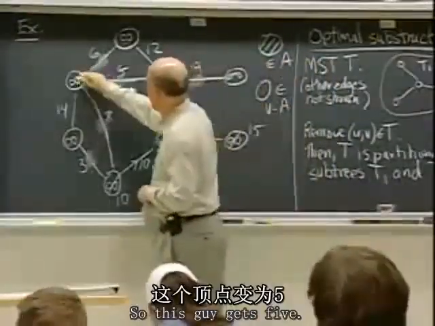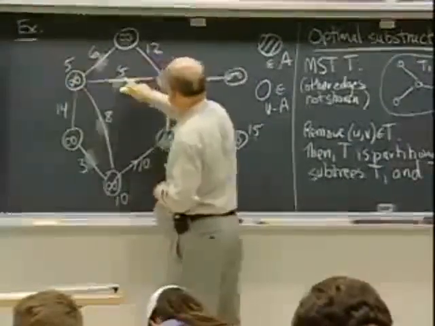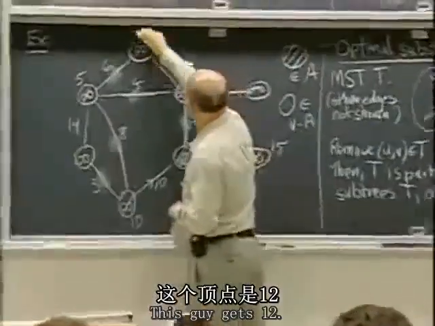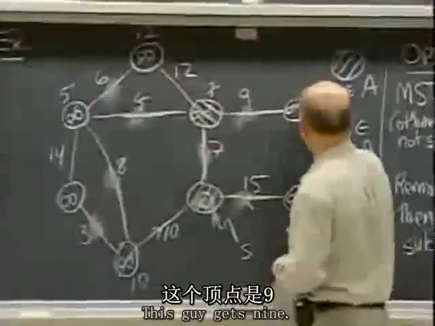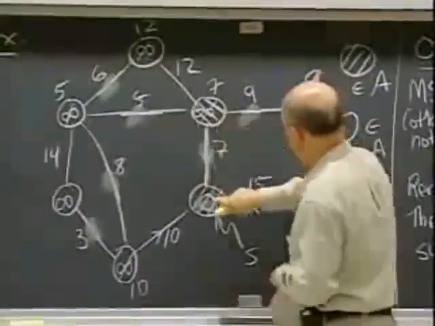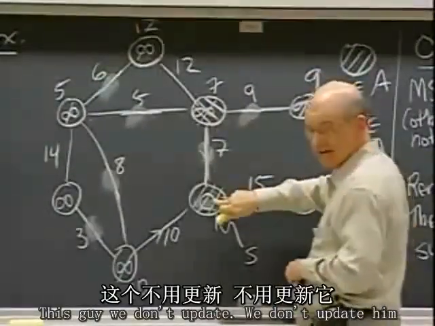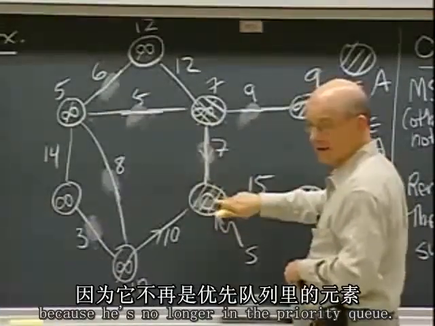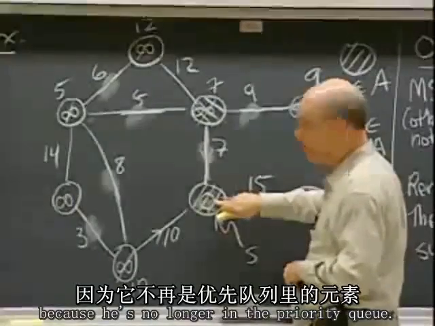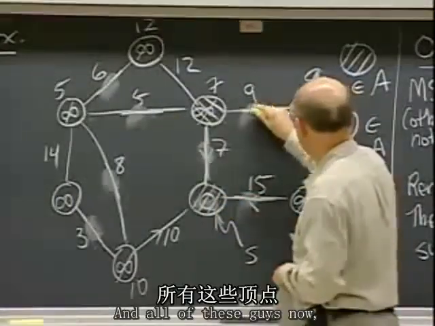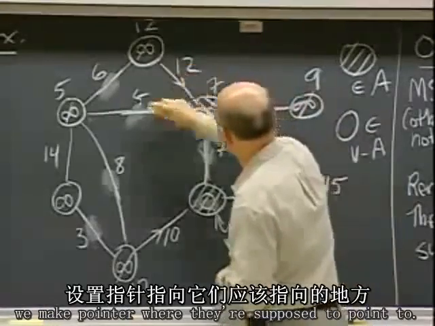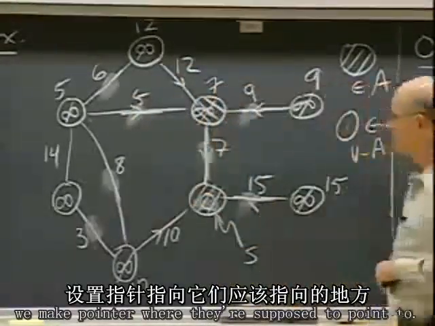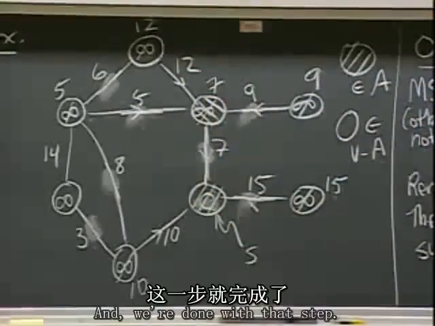This guy gets 5. This guy gets 12. This guy gets 9. This guy we don't update, because he's no longer in the priority queue. And all of these guys now we make point to where they're supposed to point to. And we're done with that step.